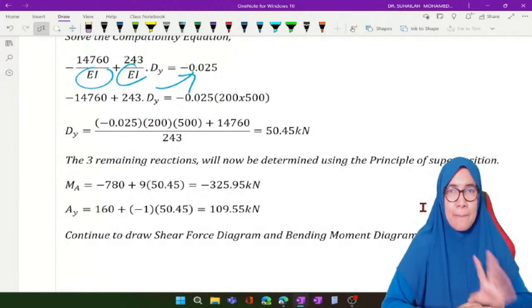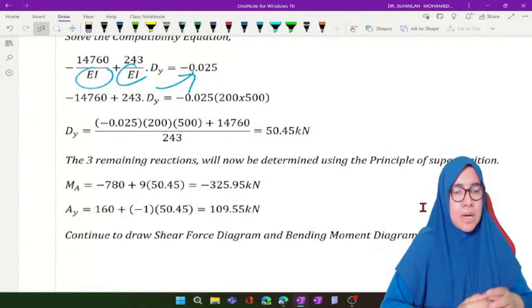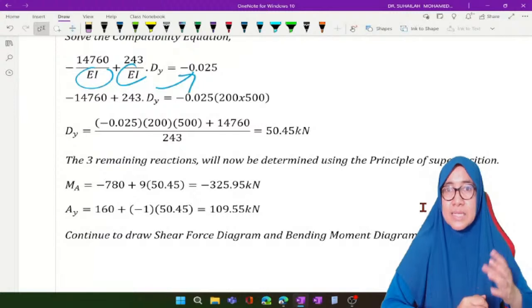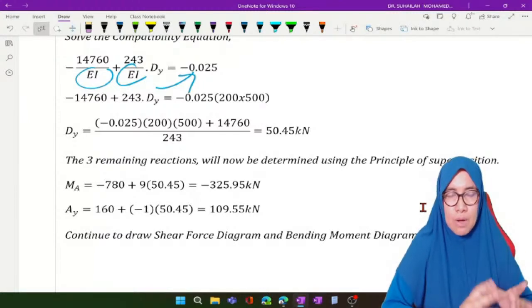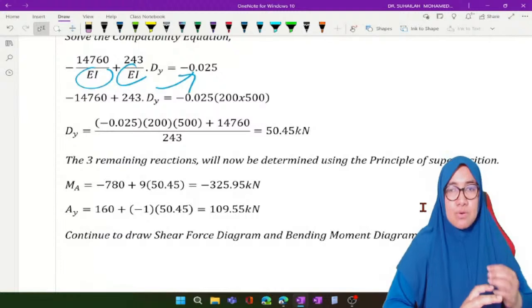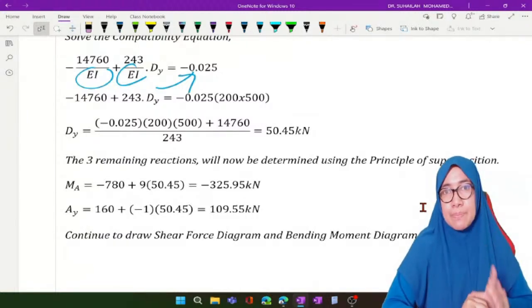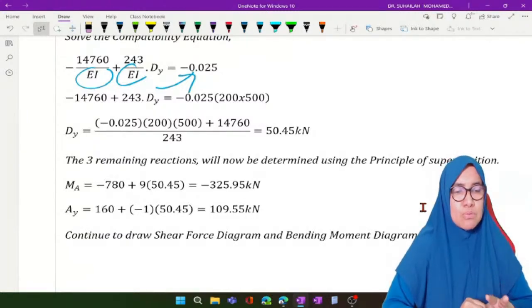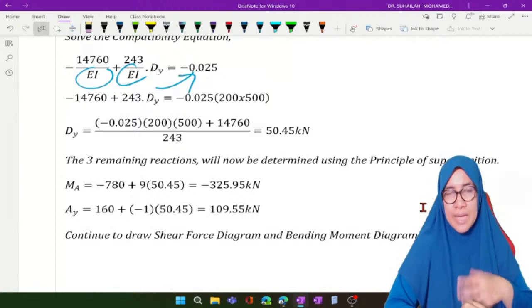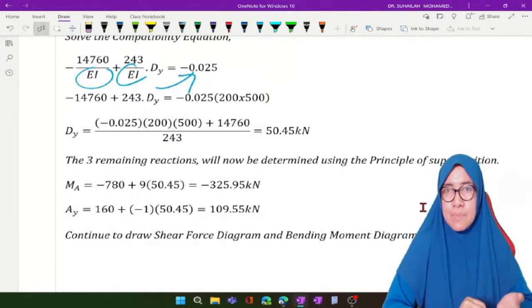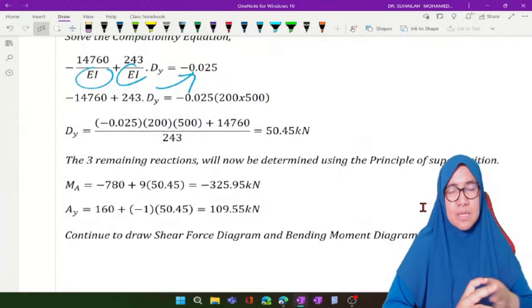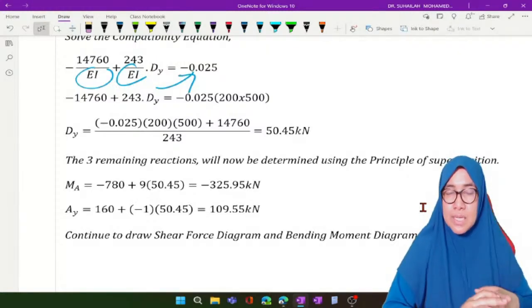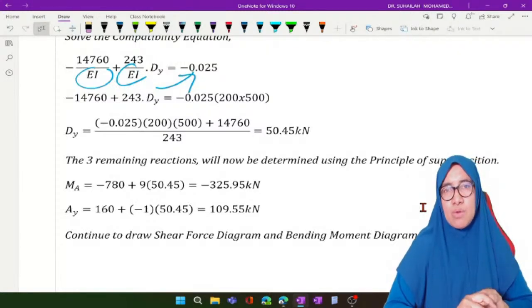Before we move to the truss example, please make sure that you understand very well about beam analysis and frame analysis. For the truss example tomorrow, you also can answer a truss question, because we will use the same compatibility equation, the same procedure, except the displacement formula for truss is different.